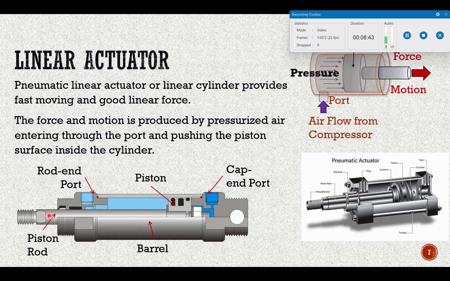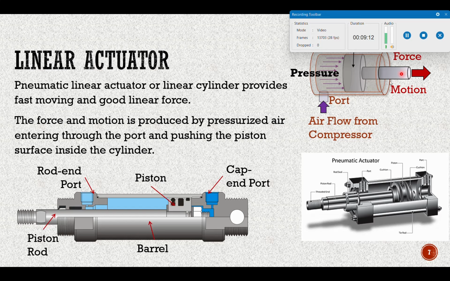A good design won't allow any air coming out anywhere here. So the air flows in this direction, and then it will force the cylinder to move in the other direction.